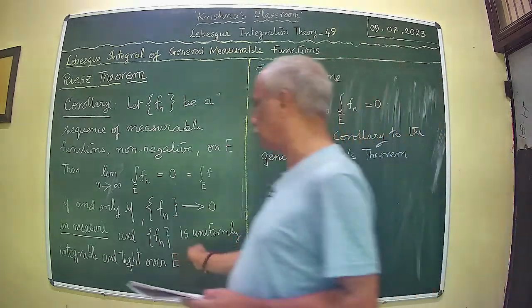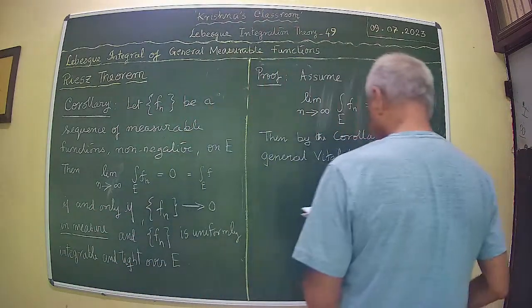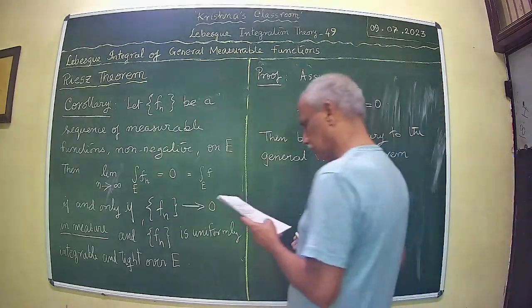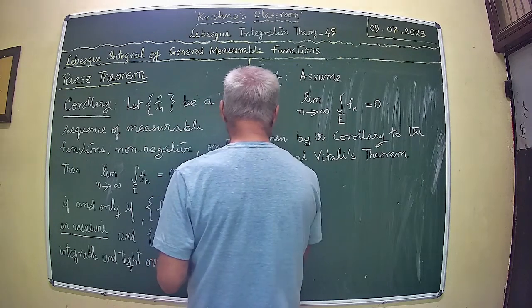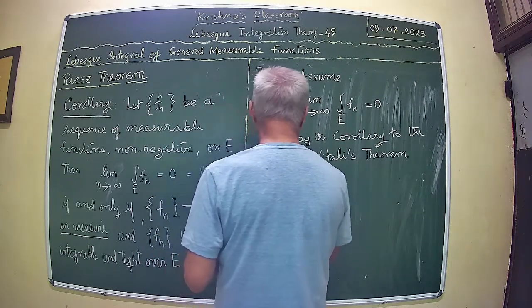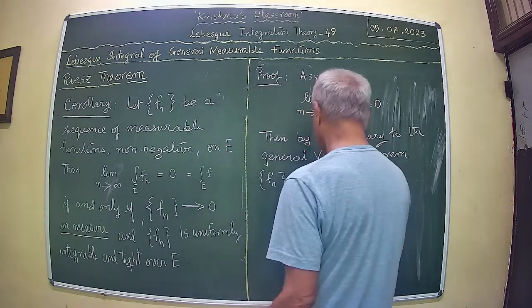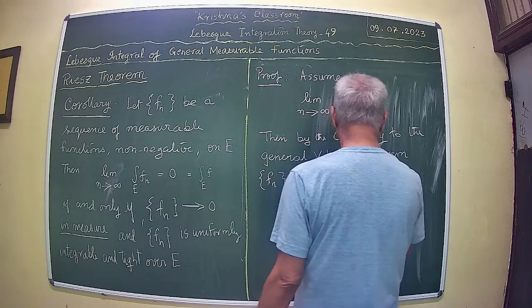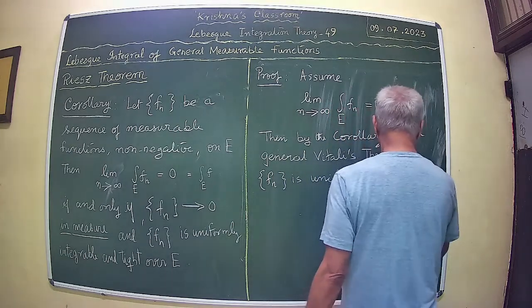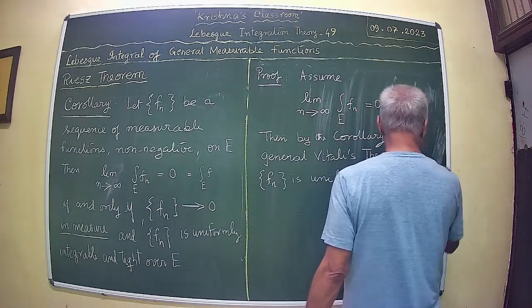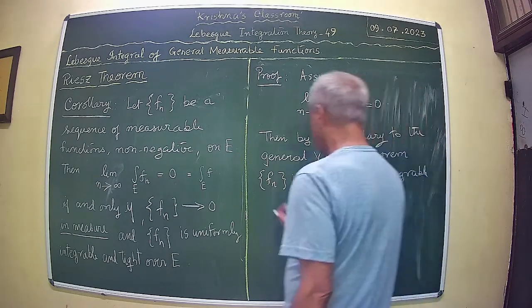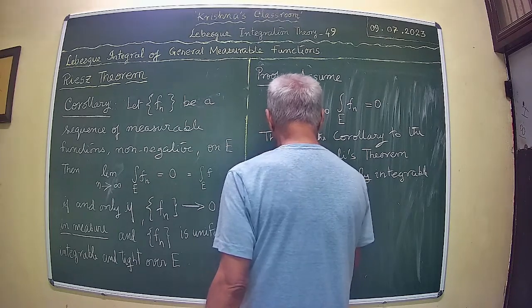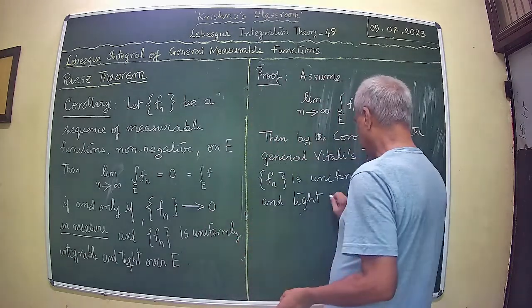I mean, this part would follow, but the other part we have to look at: Fn is uniformly integrable and tight over E.